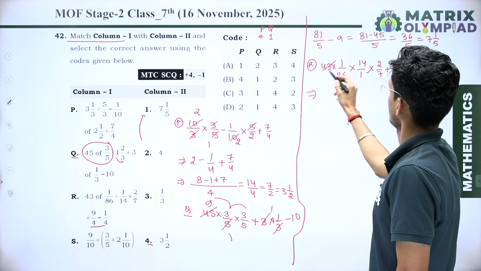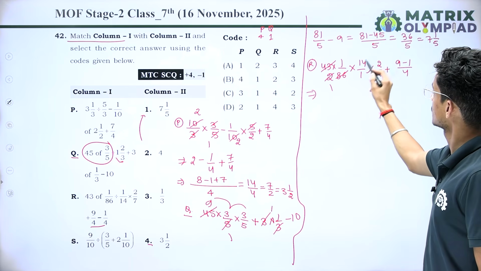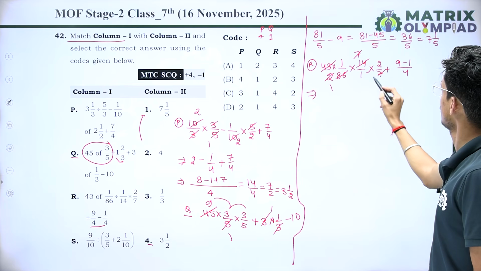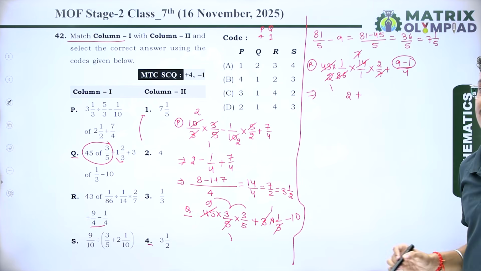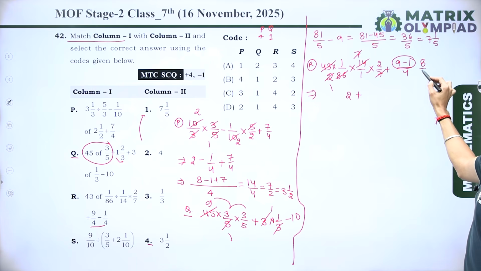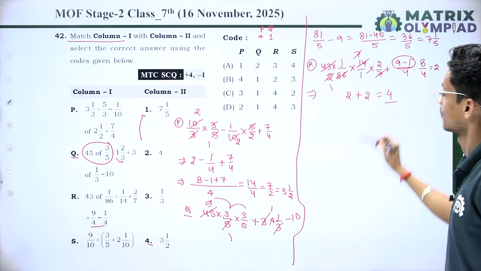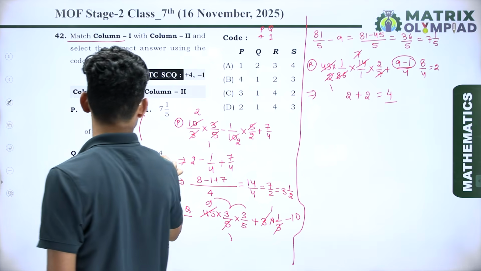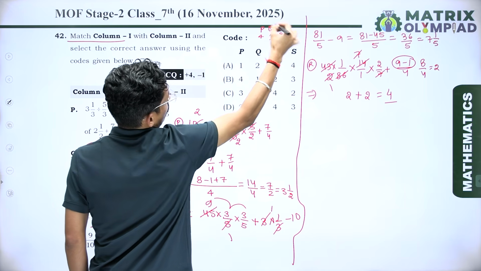So 43 1s are 43, 43 2s are 86. So 2 1s are 2, 2 7s are 14, 7 and 7 cancel out. So here I get 2 plus 9 minus 1, that is 8, and 8 divided by 4 is 2. So 2 plus 2, here we get the answer, that is 4. It means R is connected to 2. So I can write here R is connected to 2.